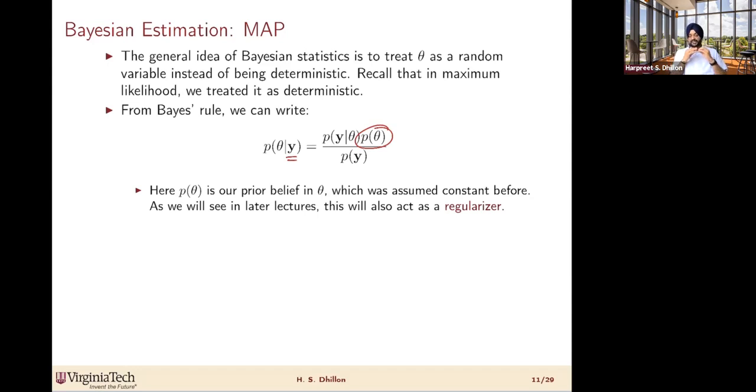And an interesting connection that we'll learn very soon is that the choice of prior will have some connections to regularization in machine learning, or the idea of regularization in machine learning. So if you have learned machine learning more from the algorithmic perspective, I think you will find this connection useful.